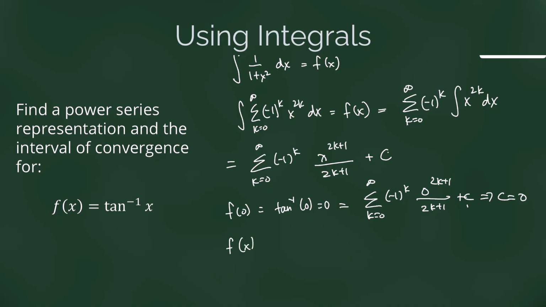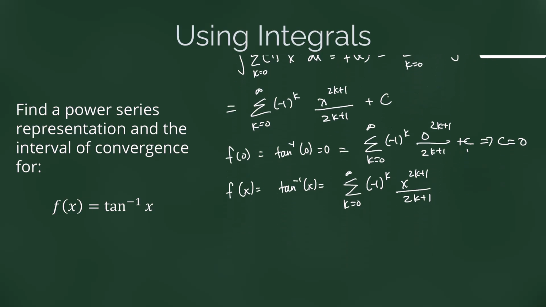So we now have this expansion. F of x equals the inverse tangent of x can be written as the power series, the alternating power series, -1 to the k times x to the 2k plus 1 over 2k plus 1. And let's look at our radius and interval of convergence.